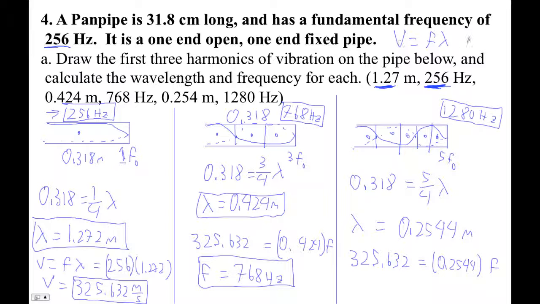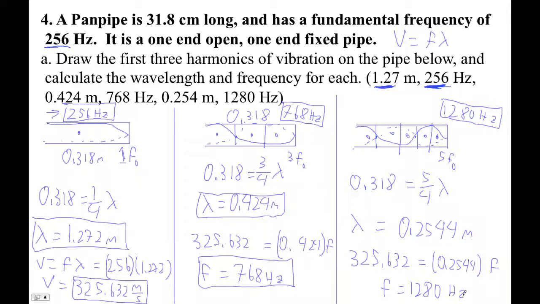I'm using v as f lambda, only I'm writing it v as lambda f. All right, so 325.632 divided by 0.2544 is exactly 1280.